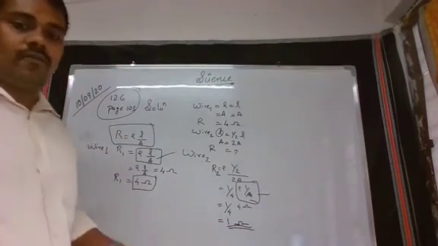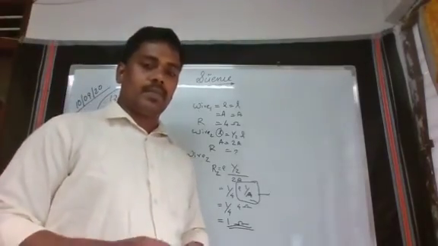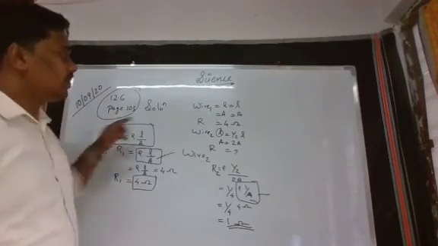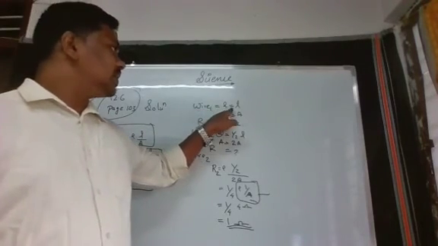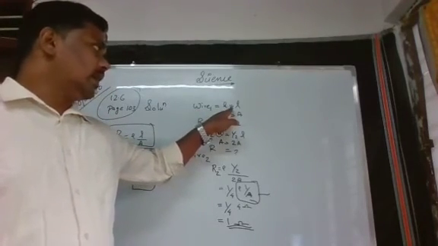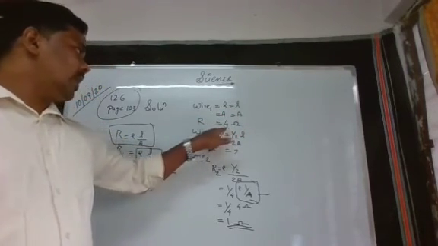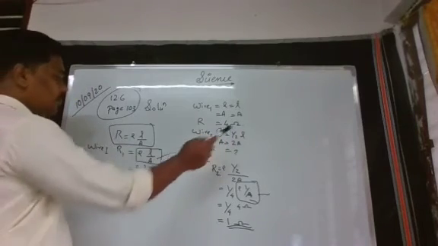Did you understand? In the solution, wire 1 is given with length L, area of cross section A, and resistance 4 ohm, which we took as R1.